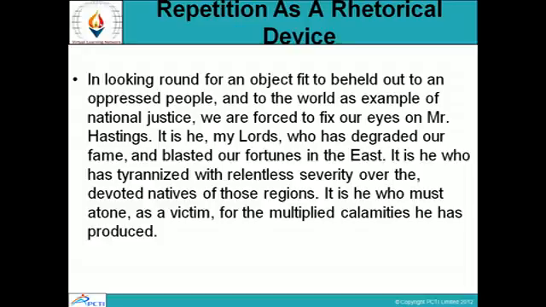It is he who has tyrannized with relentless severity over the devoted natives of those regions. It is he who must atone as a victim for the multiplied calamities he has produced. So this is, you can see, another example of repetition as a rhetorical device.